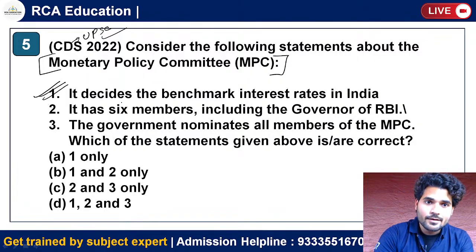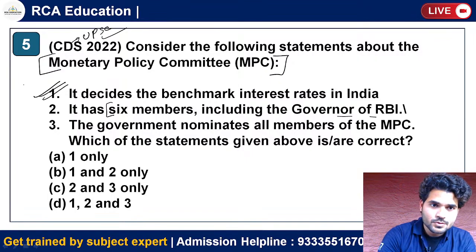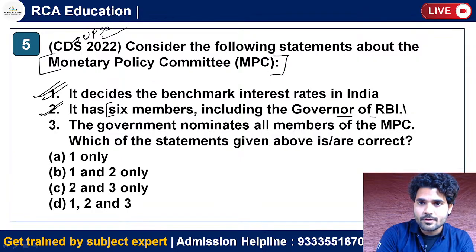Second, it has 6 members. Yes, it has 6 members, including the governor of RBI. So this option is also right. Third, the government nominates all the members of MPC.